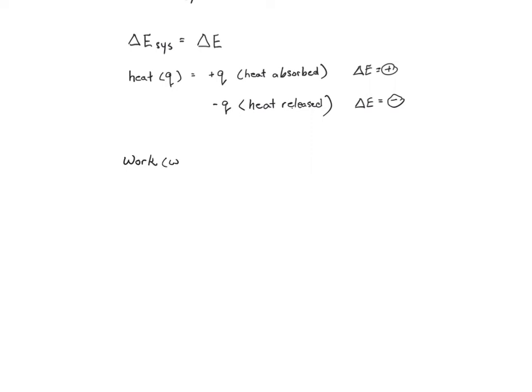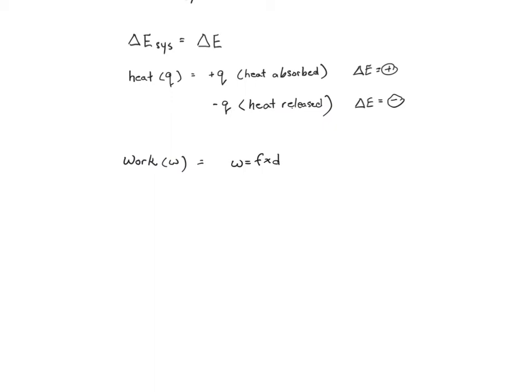Okay, and we symbolize work with a lowercase letter w. Okay, now you might remember from an earlier physics class or maybe a physical science type class that work is actually defined as a force applied over a distance. Okay, so work equals force times distance.